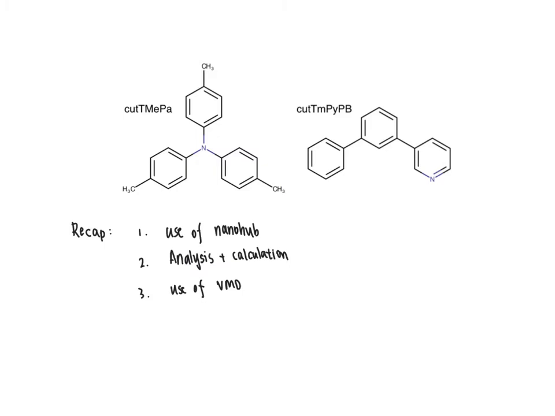We have also used the data to understand the ETL, EML, and HTL system. And at the end, we have used the VMD system to see the actual image of the molecules and understand the HOMO and the LUMO energy gaps.